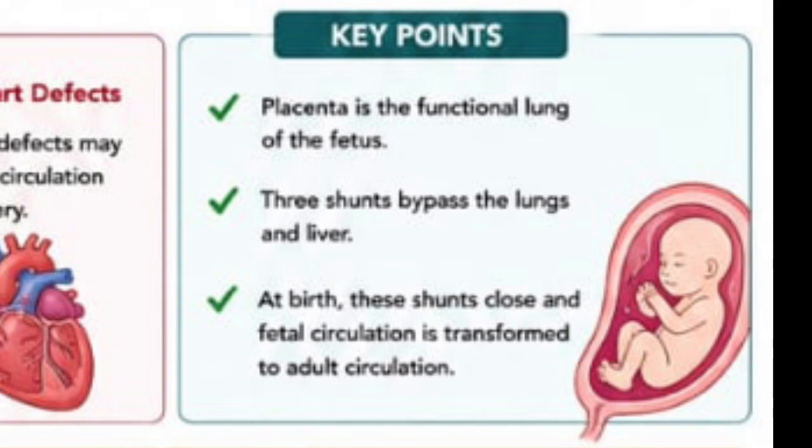All these are very, very important because at birth these shunts close and the fetal circulation is transformed into adult circulation, so that the baby can now do everything on its own. If not, there will be cyanosis and the baby might die due to the reduction in oxygen, or there could be hypoxic brain injury, or there could be cerebral palsy due to some parts of the brain not receiving blood. There could be congenital cerebral issues, which could damage the baby and transform the baby from normal to abnormal.